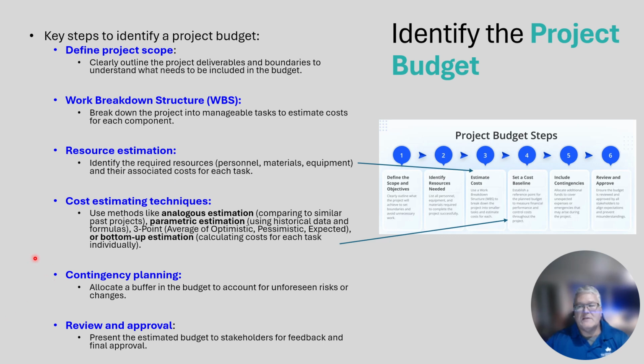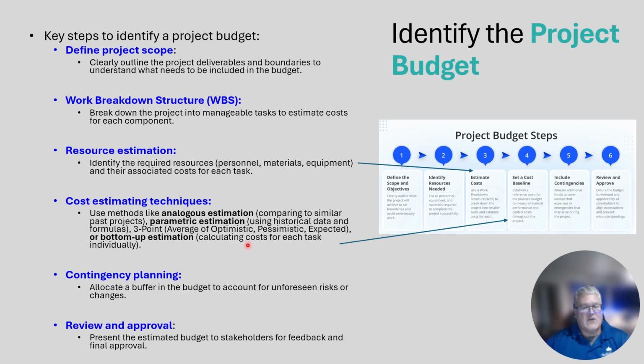Okay, so putting this all into perspective. Okay, we've got a project scope, developed the work breakdown structure. We're doing a resource estimation, and resource estimation involves using estimating techniques. Now I've got cost on there, but these can be used for time and money and resources too.